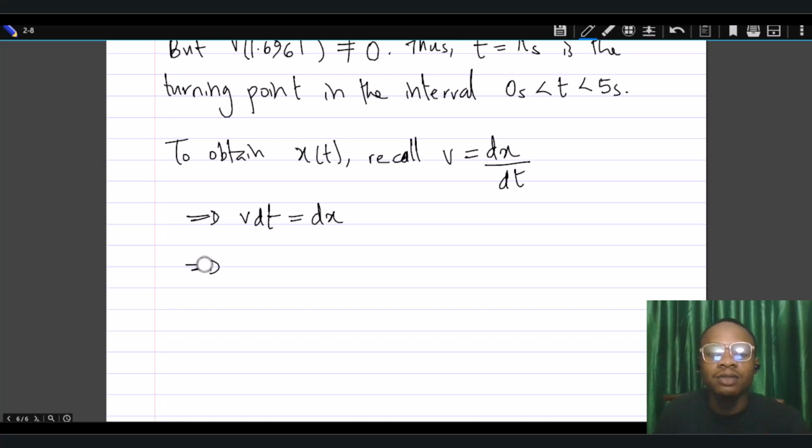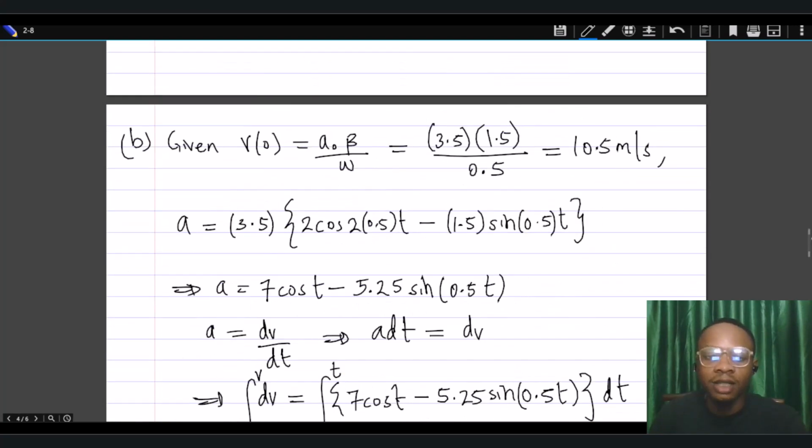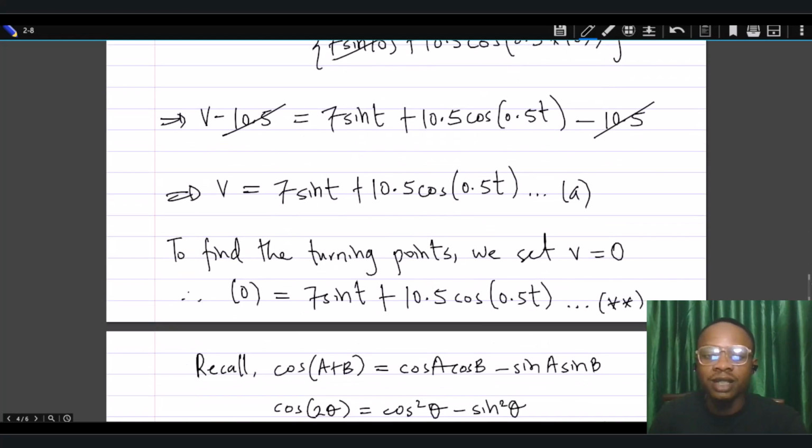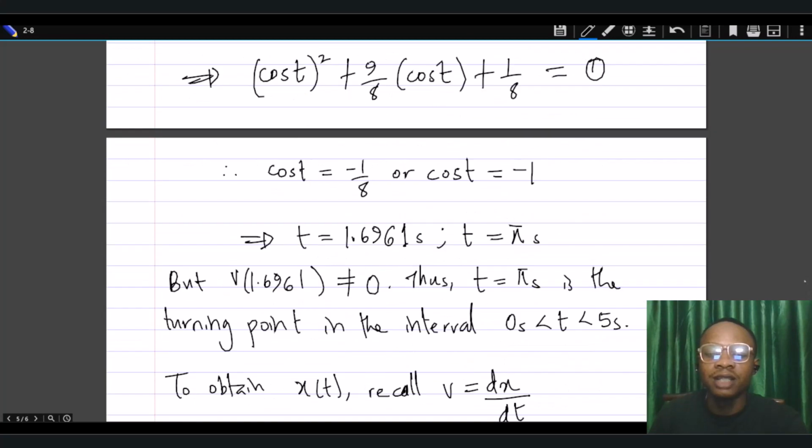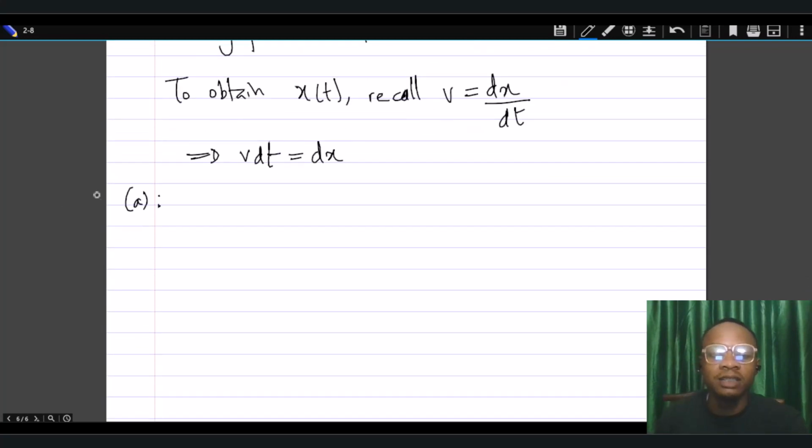And we can now substitute equation A up there. Equation A provided that our velocity was 7 sin t plus 10.5 cos 0.5t. Then we take all of these, dt, and say this is equal to dx.